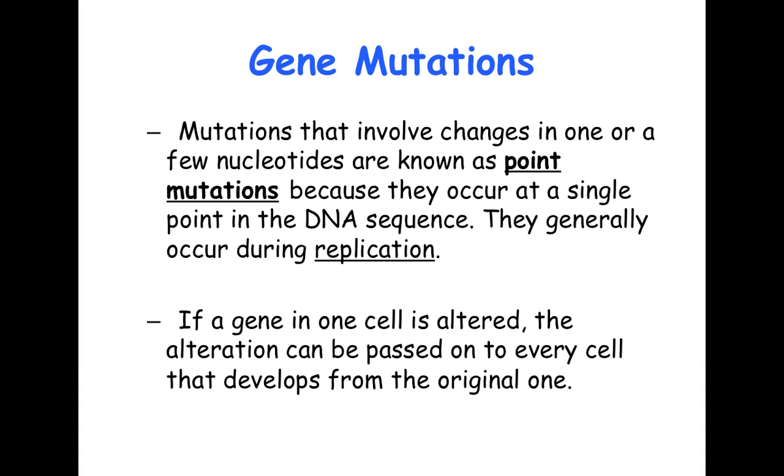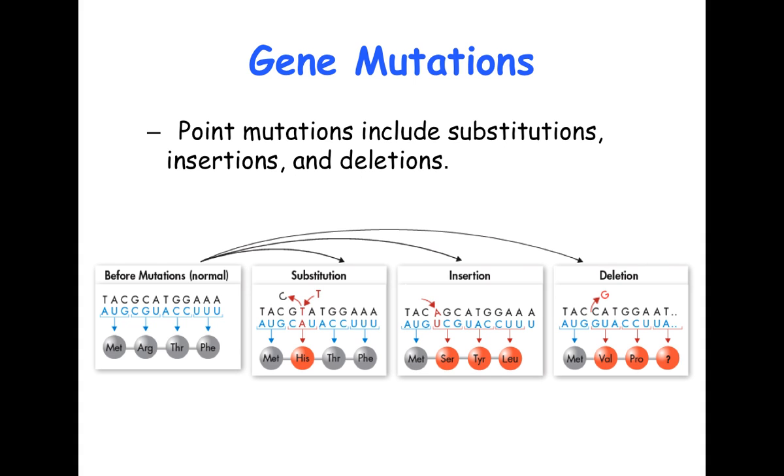But if it happens in the zygote, right when sperm and egg come together to create fertilization, every single cell in the body would be affected. So the effects of this have a very, very wide spectrum. Point mutations include 3 different types: substitutions, insertions, and deletions. And we're going to go through those together.